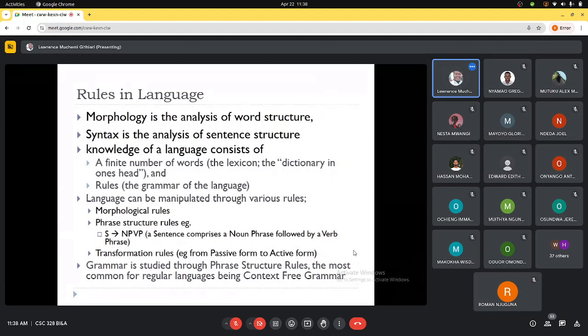Now, transformation. What are you transforming from what to what? I remember in your school, there was something you were calling active and passive. Passive grammar and active grammar. Like, for example, you could say, John kicked the ball. Or I can also say, the ball was kicked by John. Now, which one is active and which one is passive?